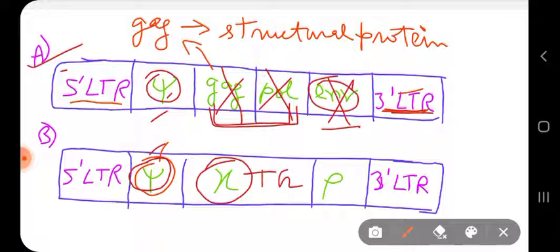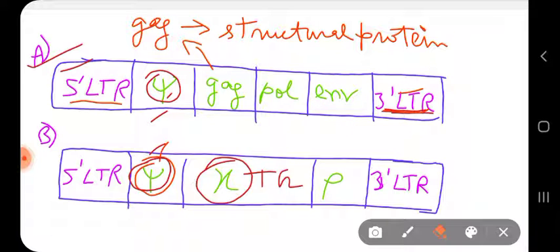Some workers have successfully created HIV vectors by removing all the genes related to reproduction, like the gag and the pol genes. Normally all retroviruses including HIV have all these genes present.